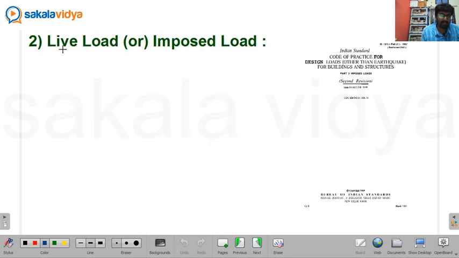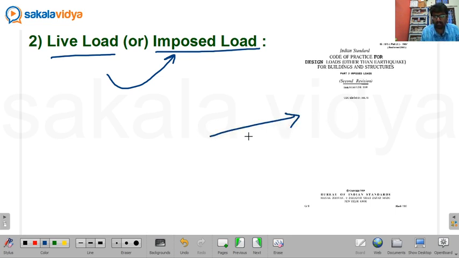The second load is live load. Live load is also called imposed load. For this we have to refer to the code book, that is IS 875 1987 part 2.